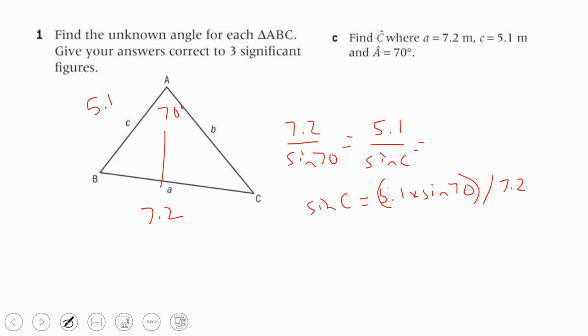You have a calculator, save yourself a little trouble. Just be careful with fractions. So what I get when I punch that in my calculator is like 0.6656 with some stuff. So I need to do second sine. This is key.